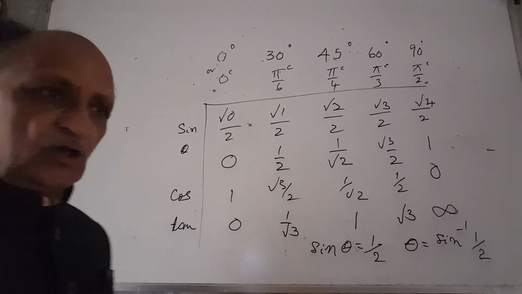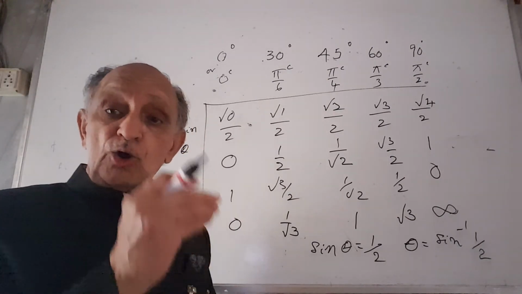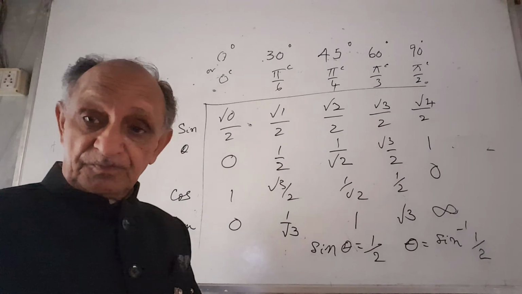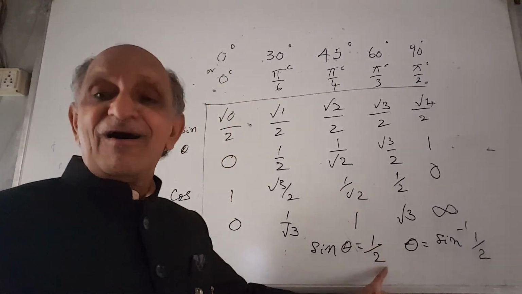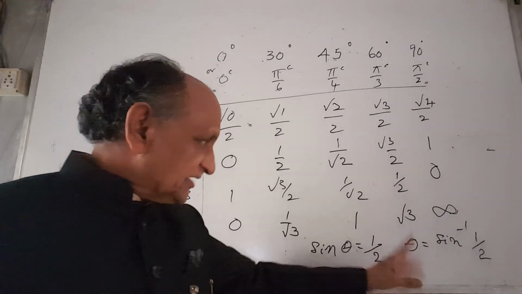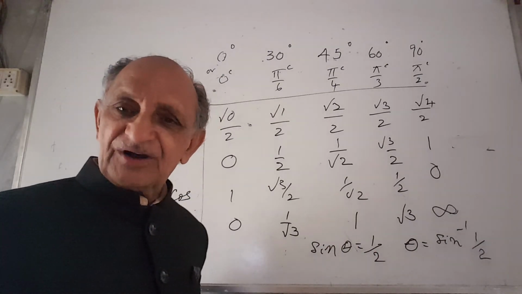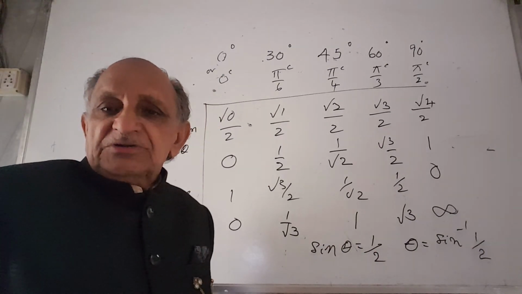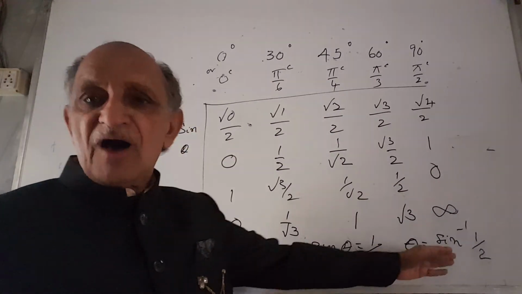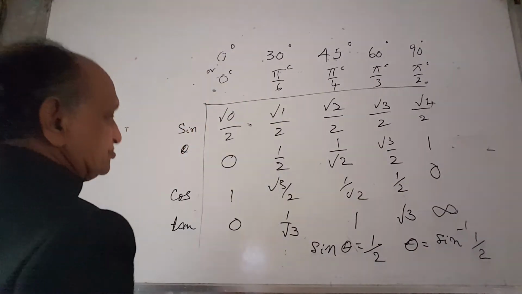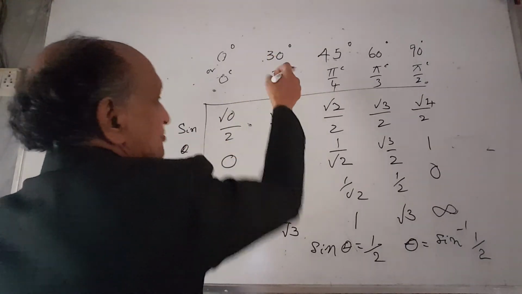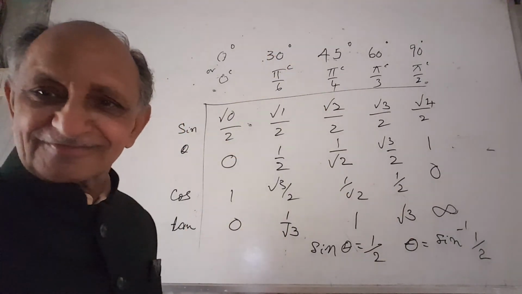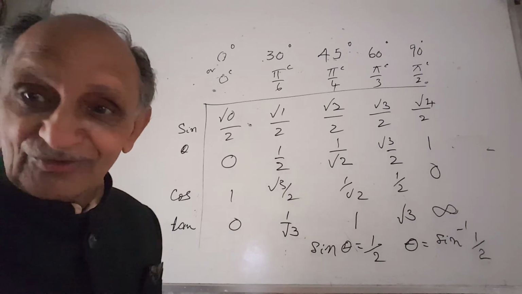That means for what values of theta, sin theta is half. That is called inverse function. So suppose the question is, what is sin inverse half? You know this table, half is here, 30, sin function. Sin 30, theta is equal to 30. You are finding the value of theta.